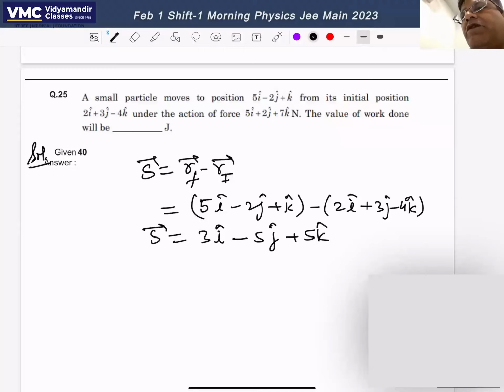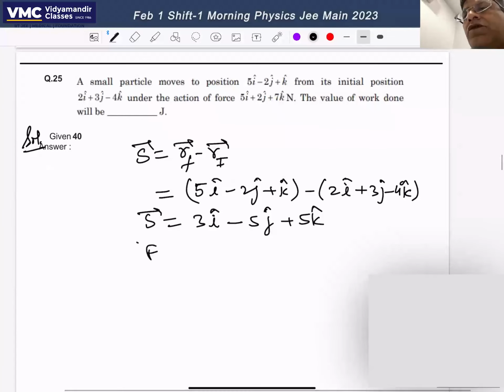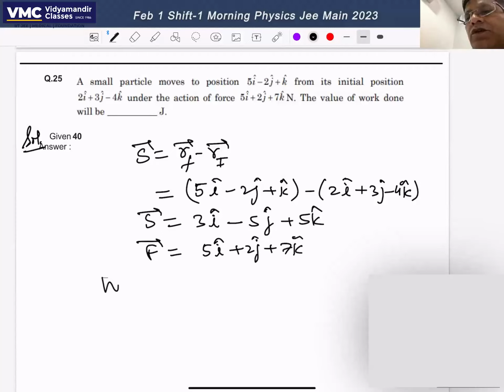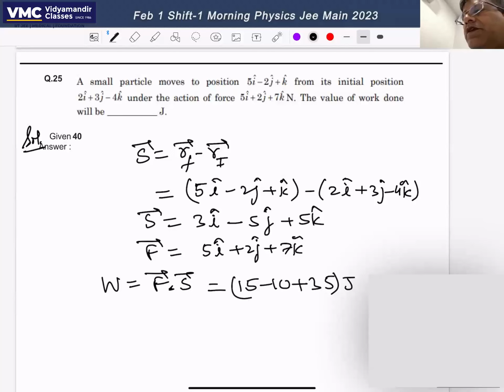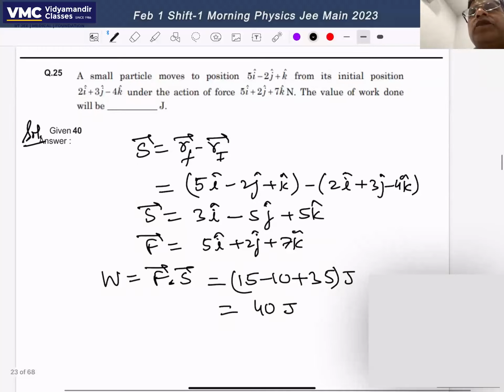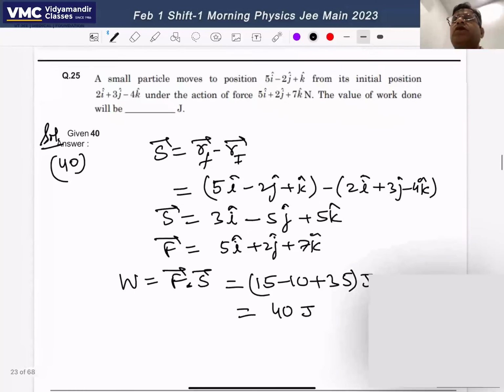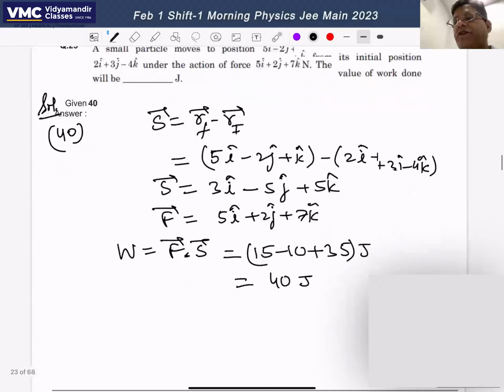This is the displacement vector. The force vector is given as 5i cap plus 2j cap plus 7k cap. So the work will be F dot S. That means 15 minus 10 plus 35, in joule. So it will be 40 joule. So the answer will be 40.